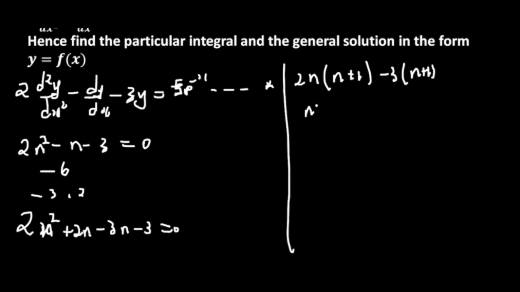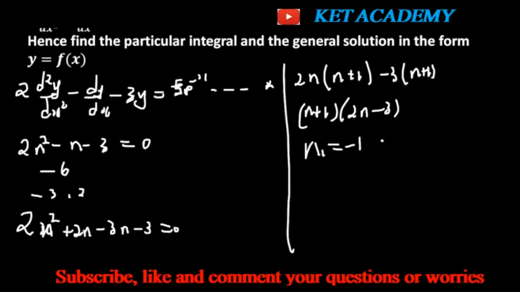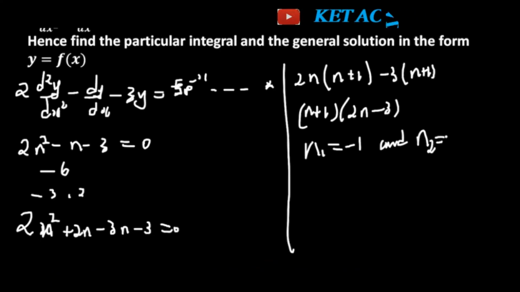You see n plus 1 is common, so we're going to have 2n minus 3. Clearly, n1 should be minus 1 and n2 should be 3 on 2 basically.